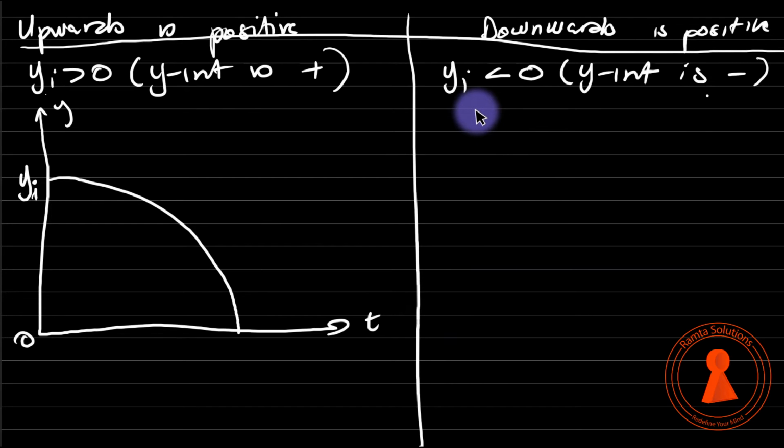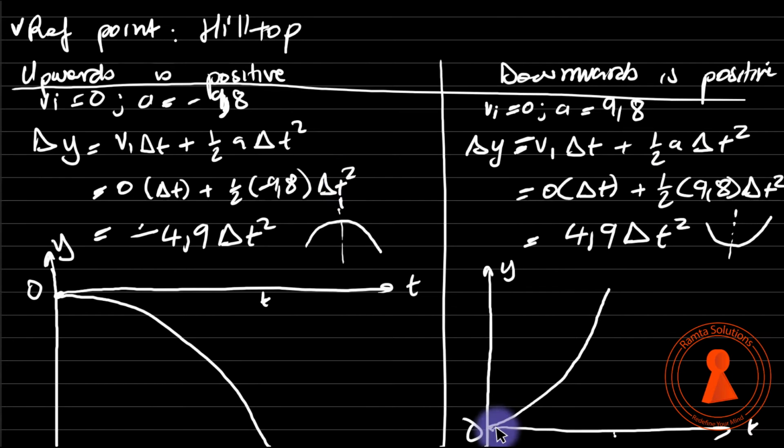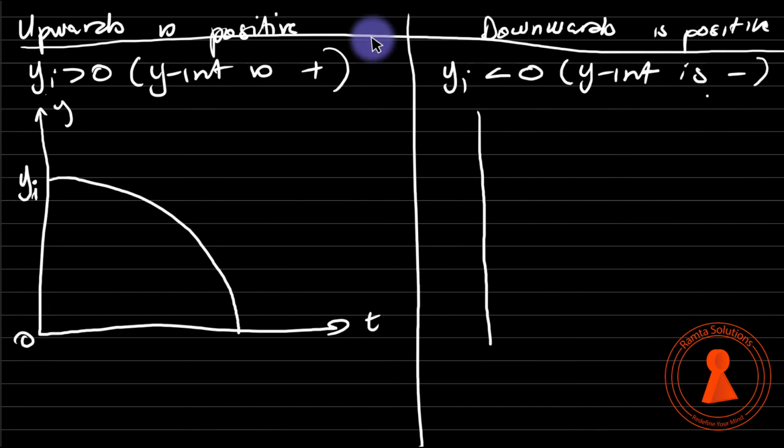Now let's try the other one. Look at how it looked. Can you guys see how it looked? But now, because the y-intercept is negative, the graph will have to go down, right? So it'll be like this.